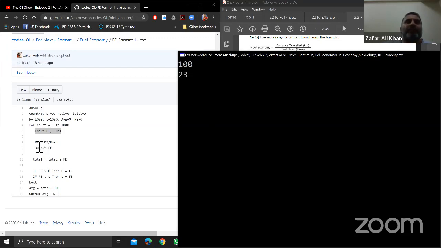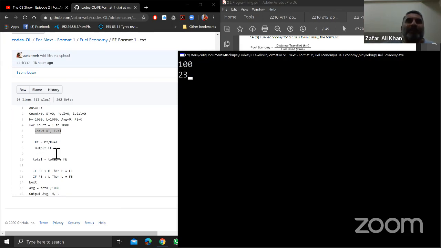Now it will divide the distance traveled, 100, by 23 and assign it to fuel economy. The fuel economy variable we have taken here is an integer. It means it won't show any decimal points; they will be cut down or rounded off.